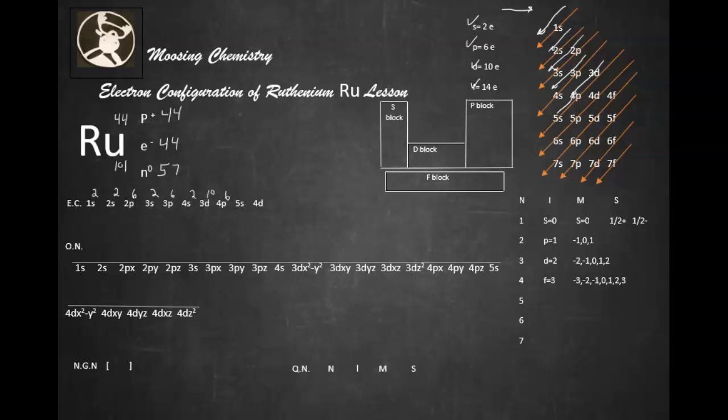This is going to become 5s1 4d7. Yep, that's what it is. 5s1 4d7. Man, I'm going to tell you, you've got to watch out for these exceptions.